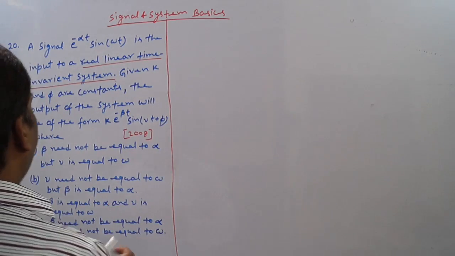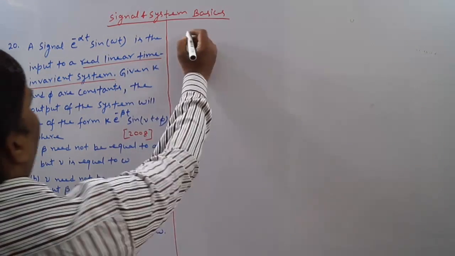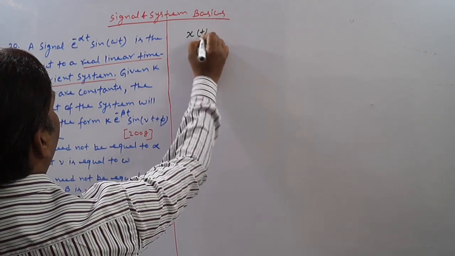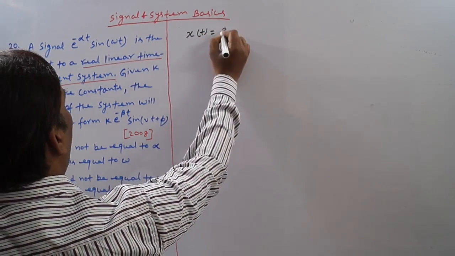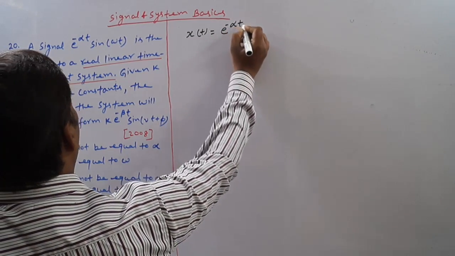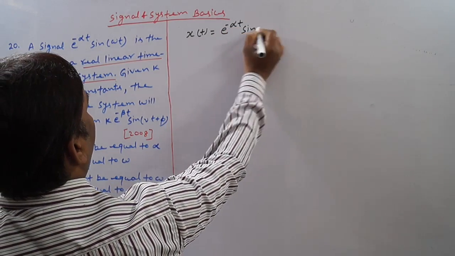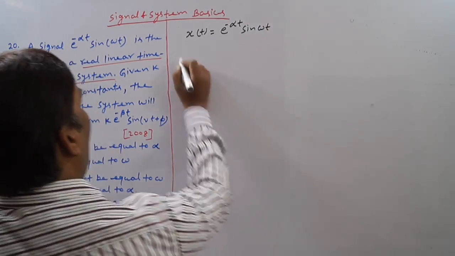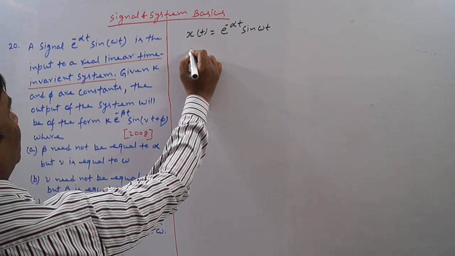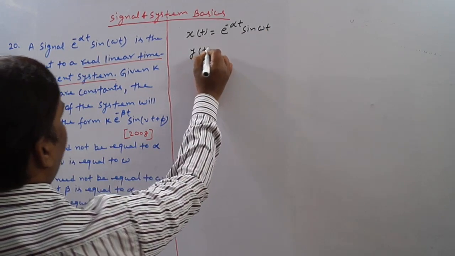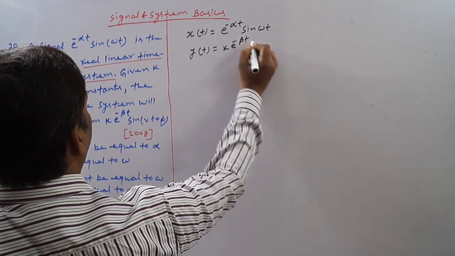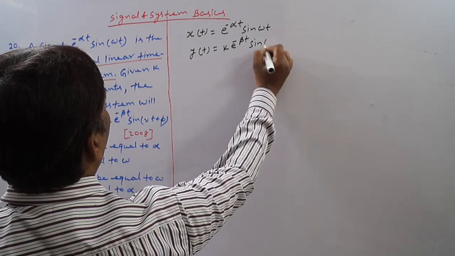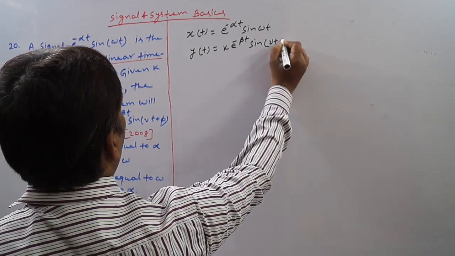It is given that x(t) equals e to the power minus alpha t sin omega t. This is the input, and y(t) is K e to the power minus beta t sin nu t plus phi.